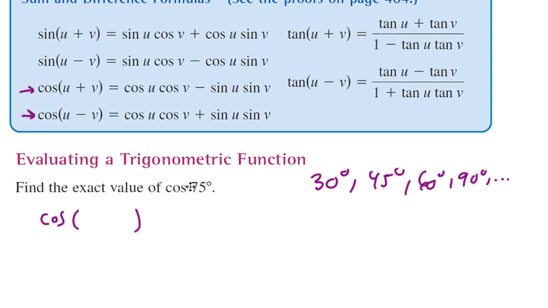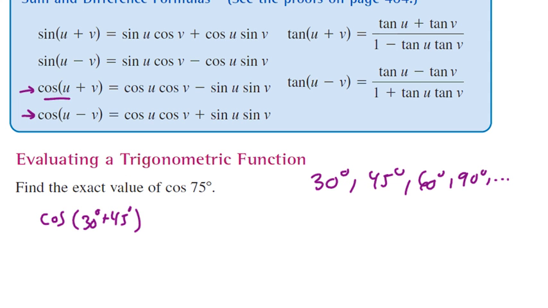Isn't it true that 75 is the same thing as 30 degrees plus 45 degrees? I didn't change the problem, I just rewrote 75 as 30 degrees plus 45 degrees. I specifically chose 30 and 45 because they are nice numbers on the unit circle, and we're going to be able to find the cosine of 30 and the cosine of 45.